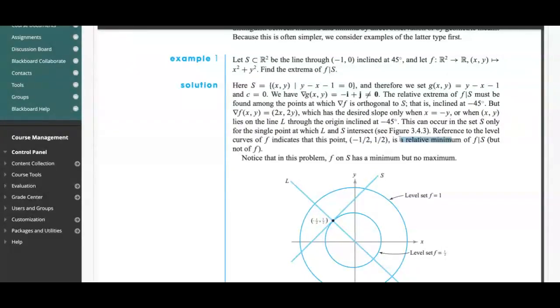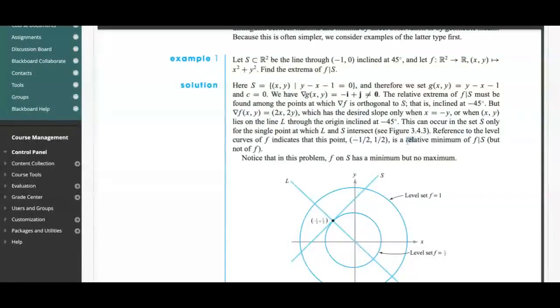And this is a relative minimum of f restricted to S. And f on S has a local minimum but no maximum, because we only have one critical point of f restricted to S.